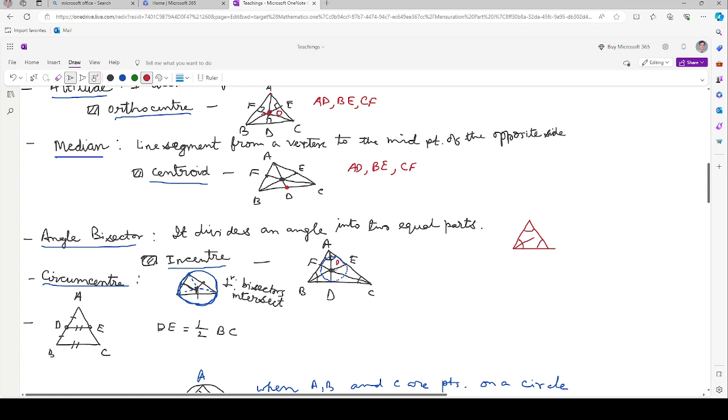Let this point be O. This is known as the incenter, because using this center one circle can be drawn inside the triangle which touches all the sides of the triangle. So this point is named incenter.